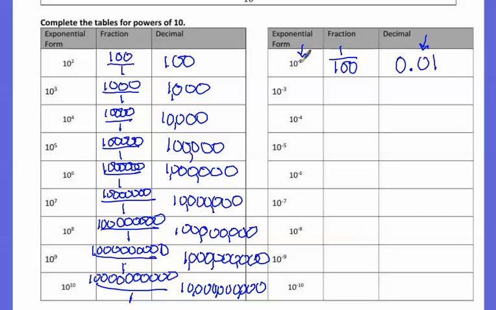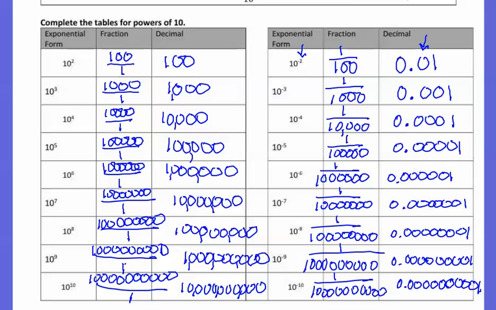So there is 2 as an exponent, so there's 1 zero. 10 to the negative third is 1 over 1,000, 1/1000ths. 1 over 10,000 is 1/10,000ths. Pause the video and try through 10 to the negative 10. Check your answers with the ones written below.